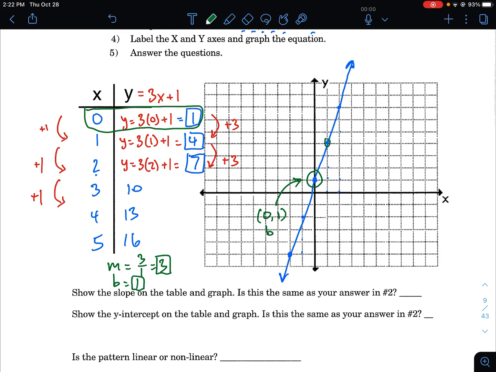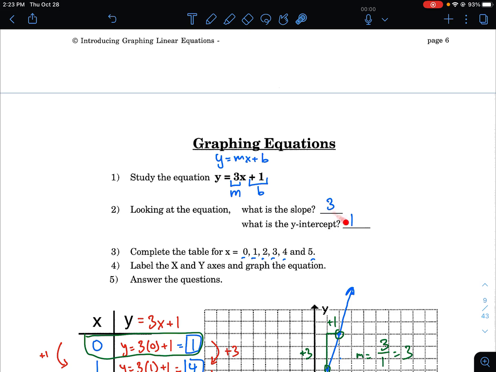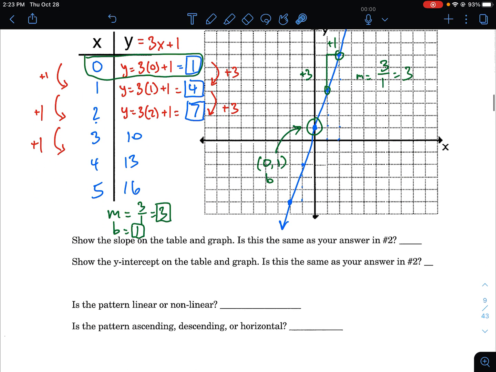Let's choose this one and this one. How do I get from there? The change in y is going to go up 3 and over 1. And that is 3 over 1, which is just 3. So our m is 3. Our y-intercept is 1. Yep, that is exactly what was said before. The answer is yes to both.